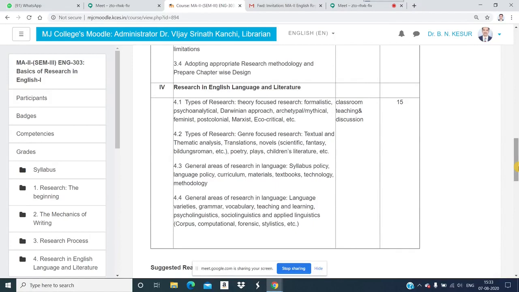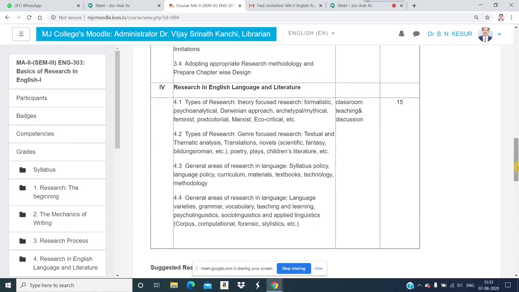Then grammar, English grammar, so you can think about areas like how students can develop their vocabulary or how they can work on nouns or adjectives. Any area of grammar, you can do your research in that area. Then vocabulary.